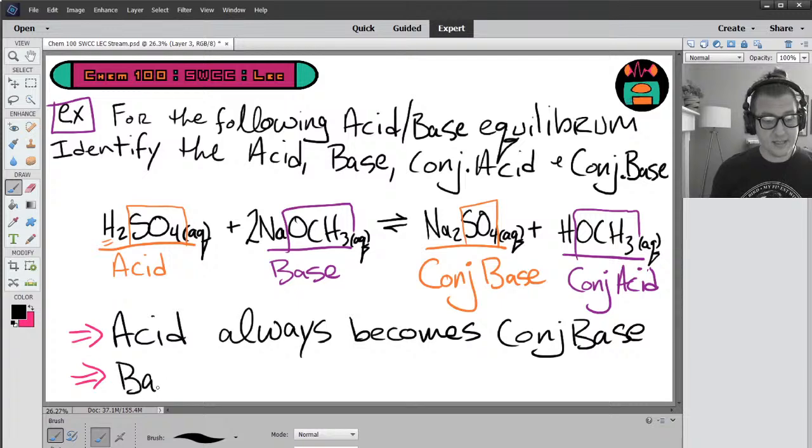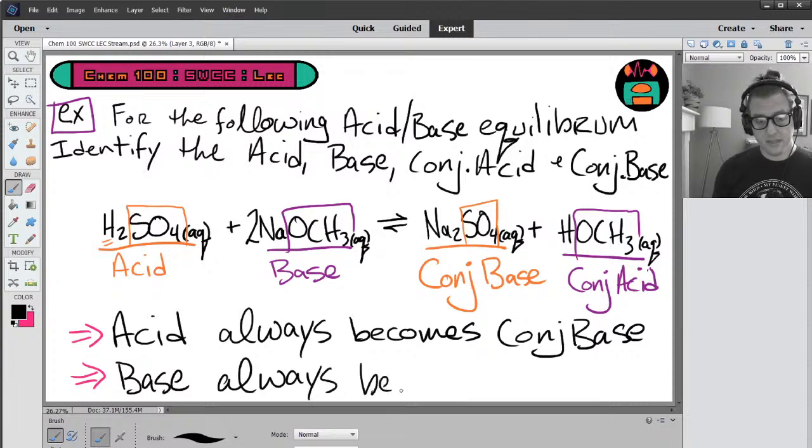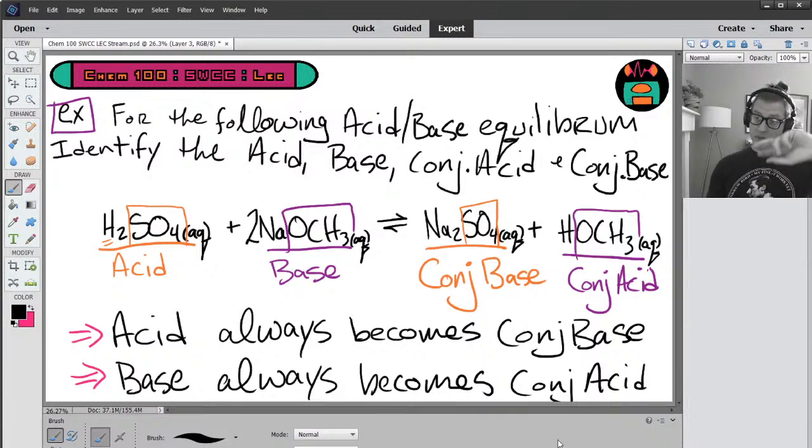The base for the forward reaction always becomes the conjugate acid. So they will always reverse their roles in the reverse reaction, just like a mirror image. It's identical but opposite, right? Flipped, that's what happens. Acid becomes conjugate base, base becomes conjugate acid, and vice versa.